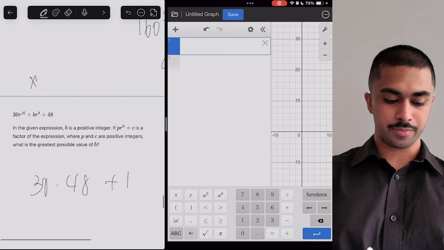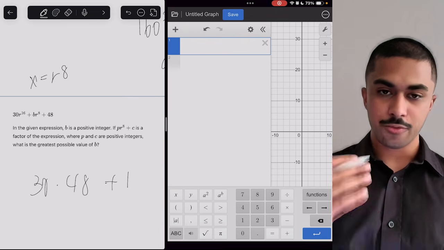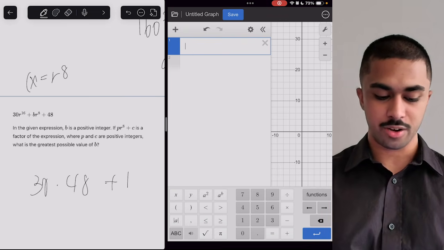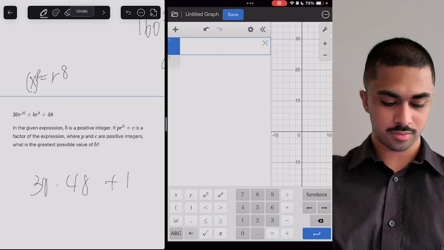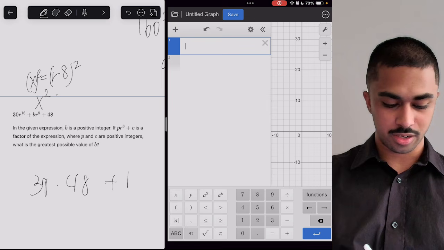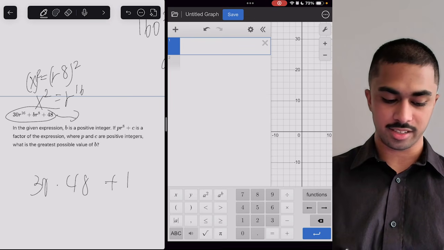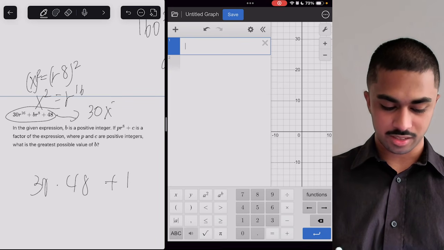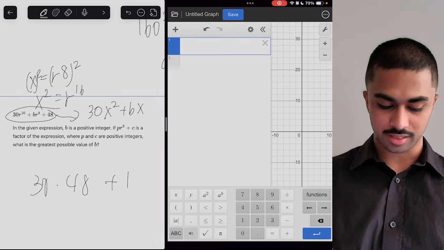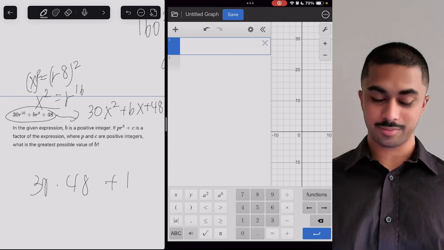Well, here's the thing. If we take x equals r to the power 8, and we square both sides, what we're going to end up with is x squared equals r to the 16th. And if we replace this with x's now, we get 30 x squared plus bx plus 48. This is a quadratic, right?